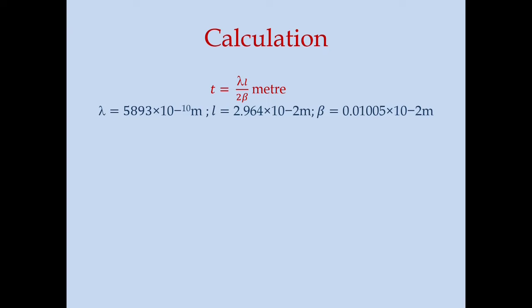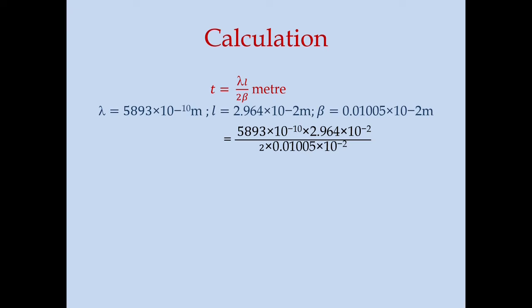Now let us calculate. The formula used to calculate the thickness of the given object is lambda L by 2 beta. Here lambda is the wavelength of the monochromatic source used. The source used here is the sodium vapor lamp, and the wavelength corresponding to that is 5893 into 10 power minus 10 meter.